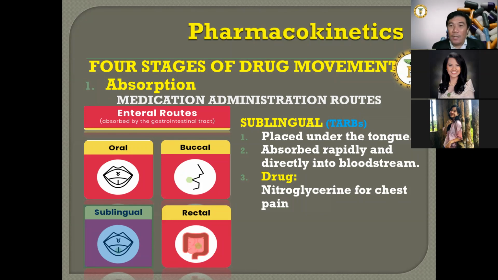One of the drugs that are very common and given by sublingual is nitroglycerin. Nitroglycerin is indicated for chest pain. And we all know that chest pain is an emergency situation. Chest pain is a sign, an indication that the heart is lacking oxygenation.